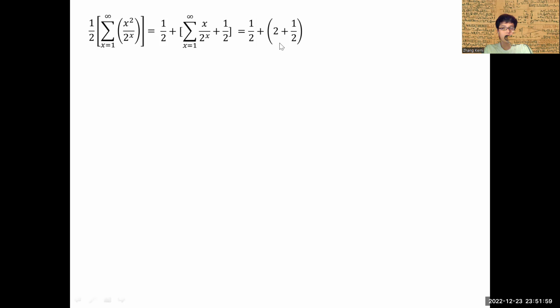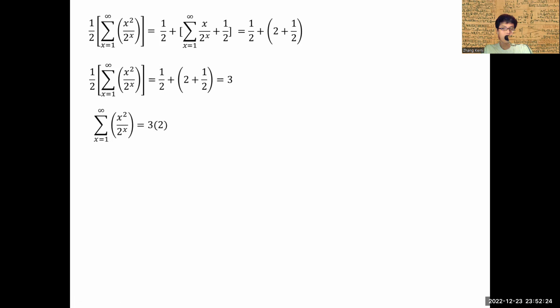So I have 2 plus half over here. Thus, the next step, I have 2 plus half equal to half of the sum from x=1 to infinity of x squared over 2 to the power of x. On the right-hand side, if I evaluate this, I get 3, because half plus 2 plus half is 3.